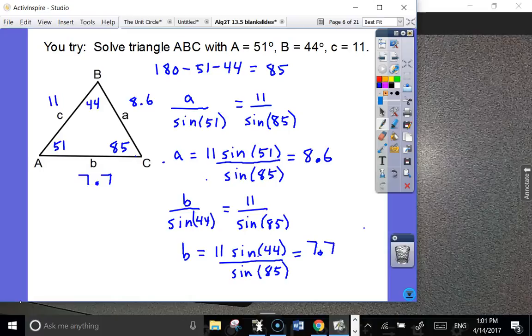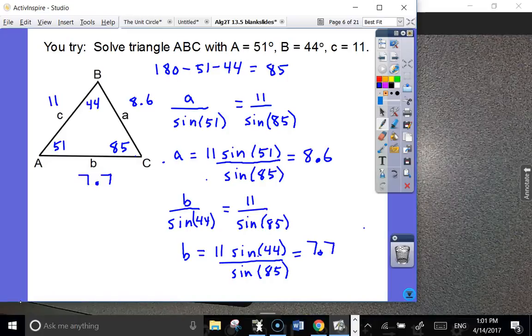Right. So in this one, when you filled in the information, you knew A and B, and you knew side C, but you didn't have one side and angle opposite that you knew, right? So you had to right away do the 180 minus to get that one. That's why, in the end, angle side angle and angle angle side are pretty much the same, because if you've got 2 out of the 3 angles, you can always just fill in the third one, and now you have one side and opposite angle pair, right?